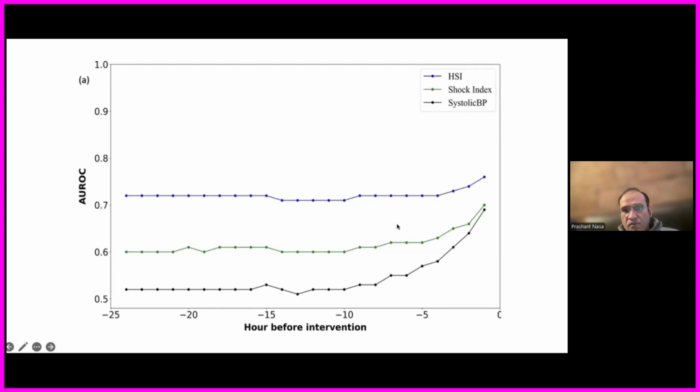What was more important was that in 95% of these patients, it was able to predict hemodynamic instability at least 5 hours earlier than it would happen. But again, these are just predictive models. We don't know whether correcting hypotension by giving preemptive IV fluids or vasopressor will ultimately improve outcome. It's still to be validated.